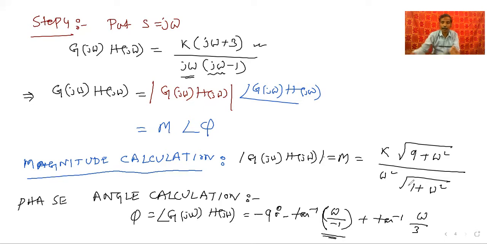Then calculate frequency, magnitude, and phase angle by using these two equations.